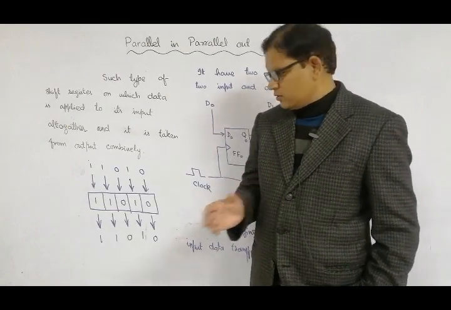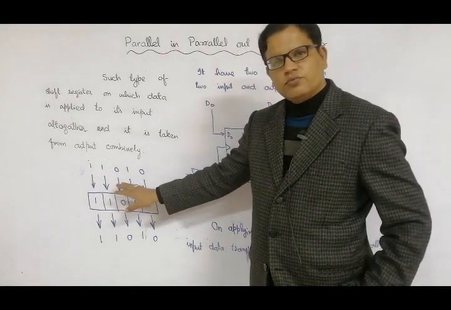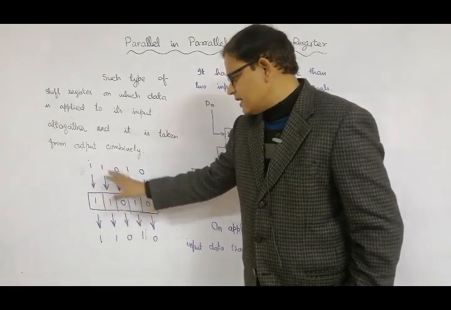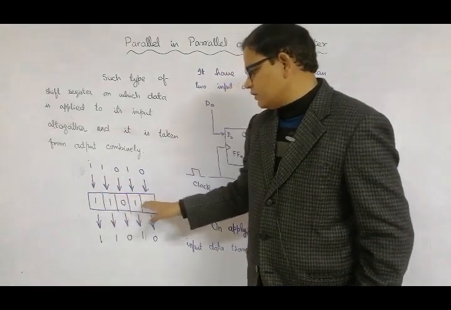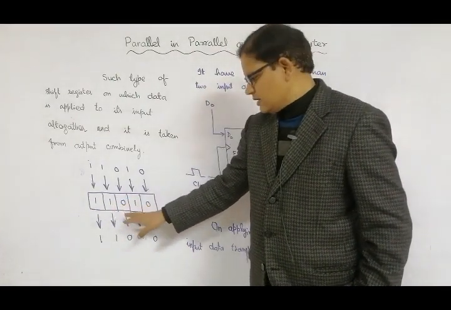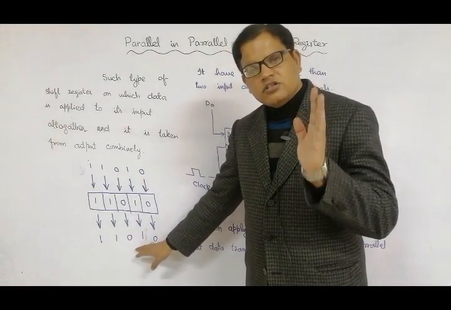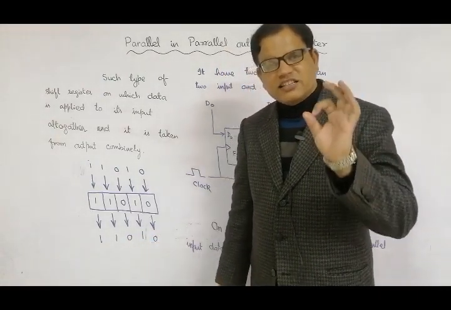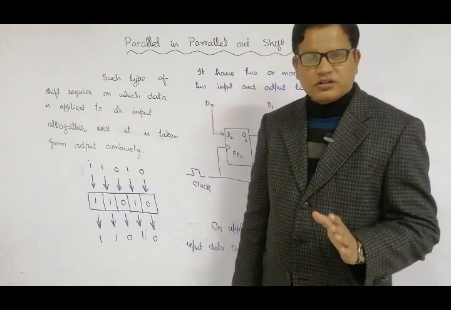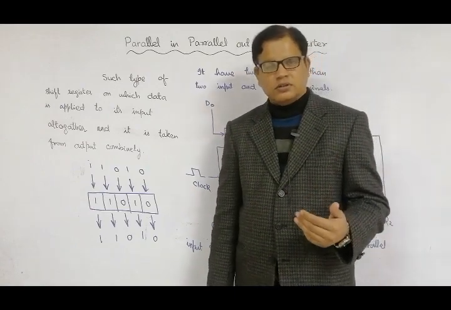If we transmit data combinedly, parallelly through an input, and we take that same data after storing it temporarily in different shift registers, and we take that data from the output at the same time on applying a single clock pulse, then that shift register is known as a parallel in, parallel out shift register.